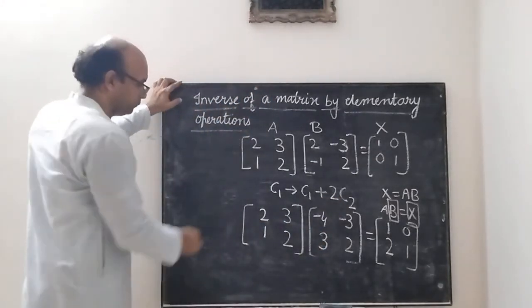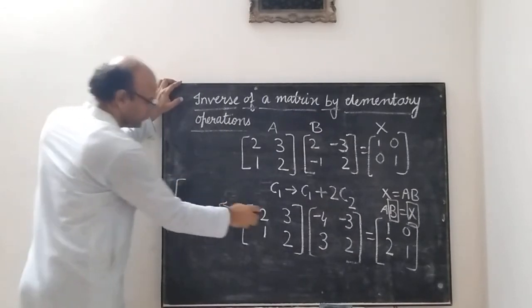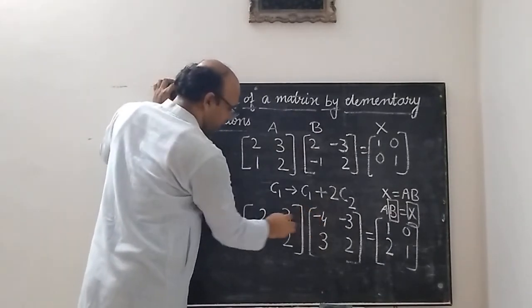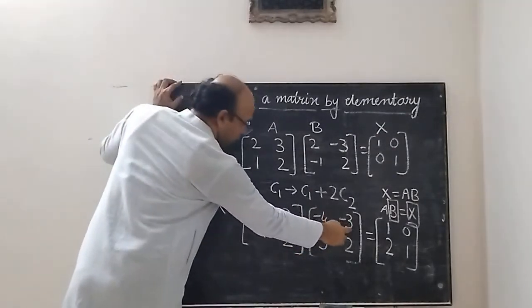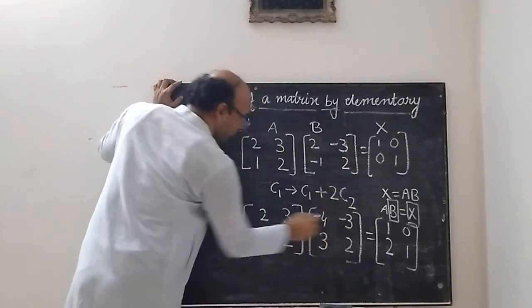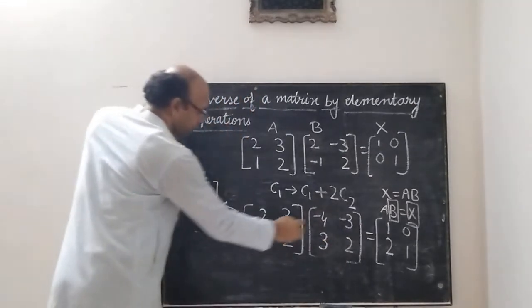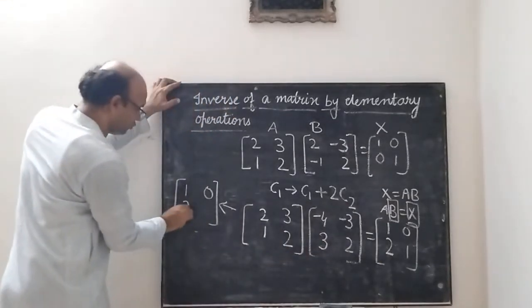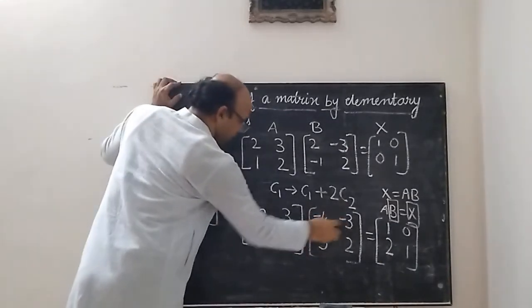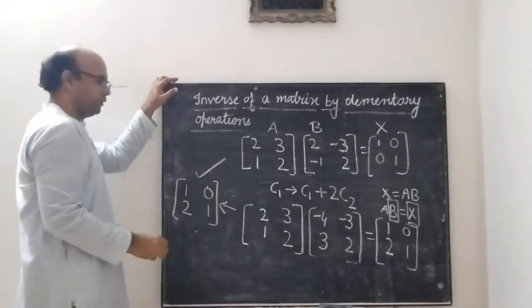Now we check. 2 into minus 4, minus 8, plus 9 is 1, minus 6 plus 6 is 0, 1 into minus 4, minus 4, plus 6 is 2, minus 3 plus 4, 1, absolutely right.